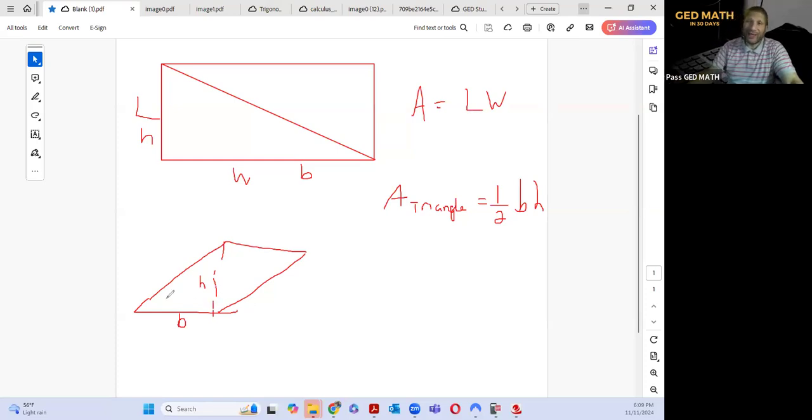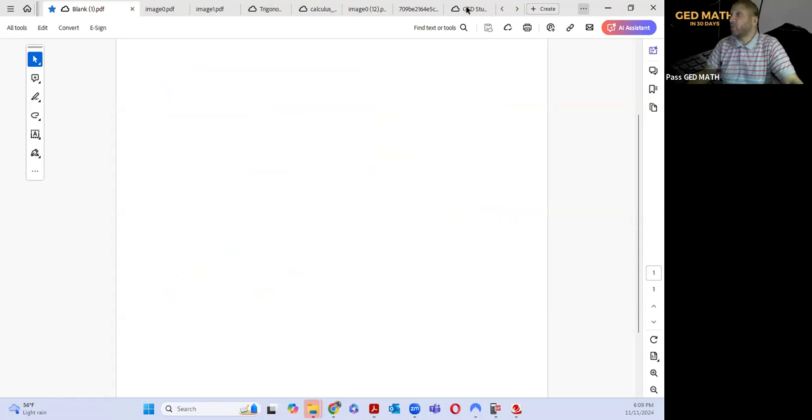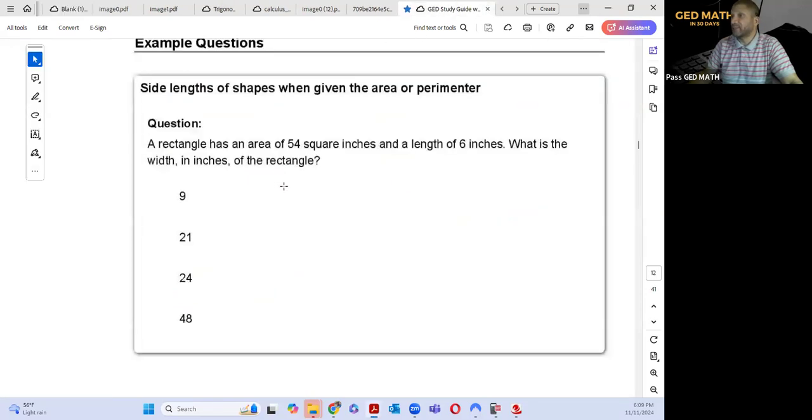But guess what? They're not going to give you a common area problem. What they're going to ask you is something like this. A rectangle has an area of 54 square inches and a length of 6 inches. What is the width in inches of the rectangle?